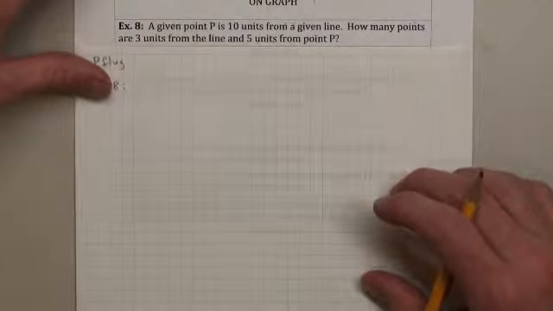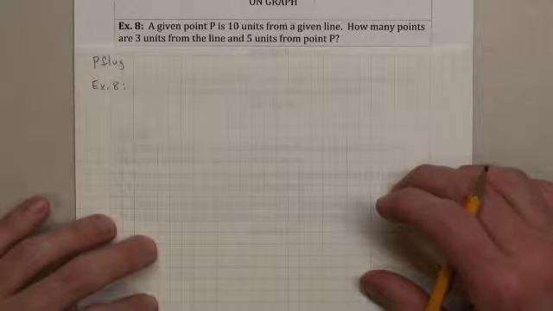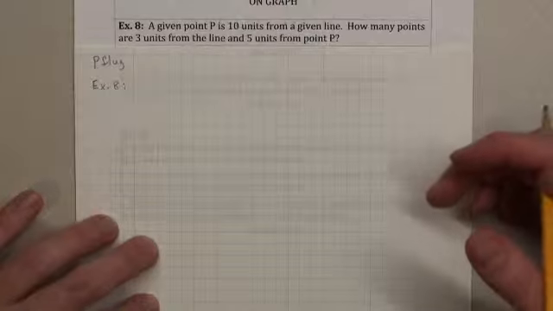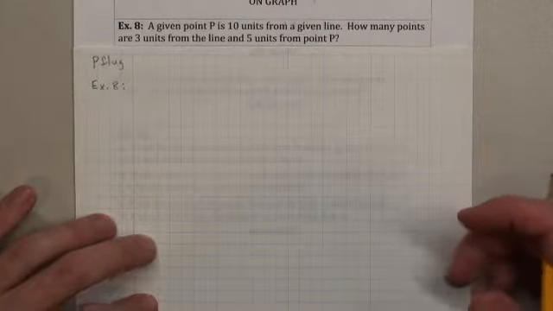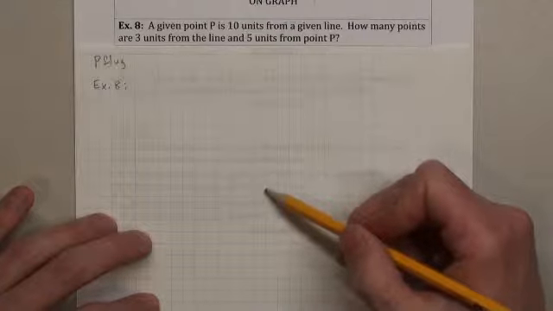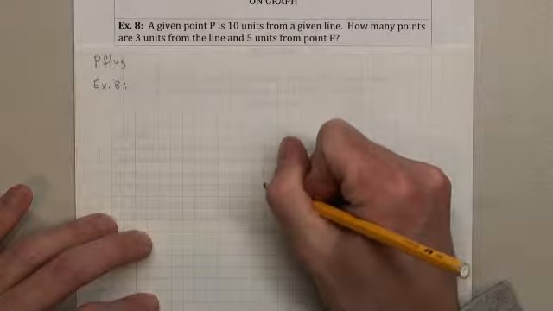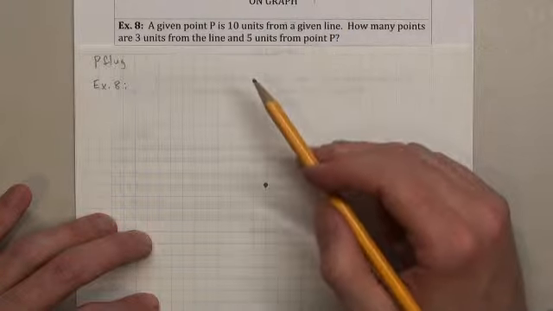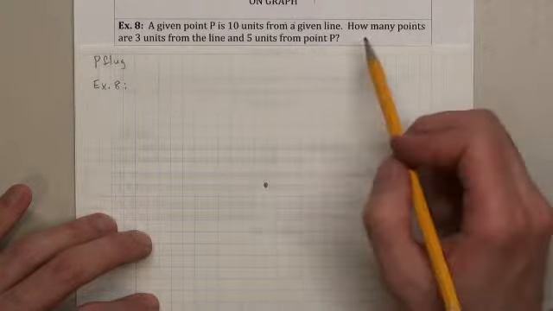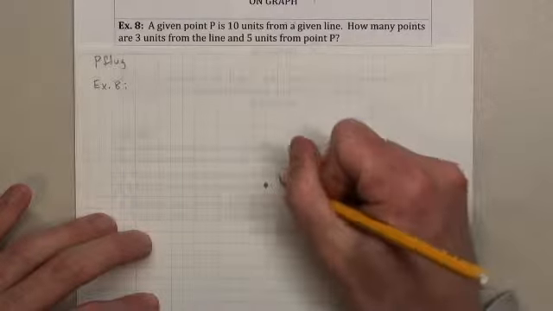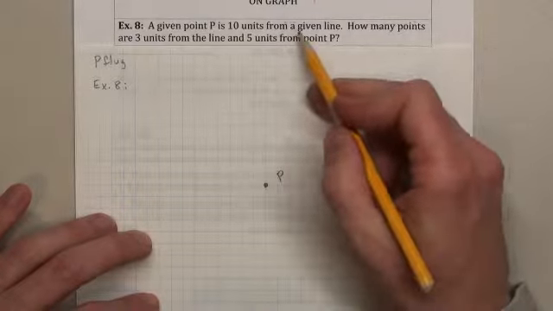A given point is 10 units from a given line. How many points are 3 units from the line and 5 units from point P? Okay, so I'm going to go down right about here and put my point. I'm leaving room because I know I am going to have to make a circle around that point most likely. Alright, so this is point P, and it's 10 units from a given line.